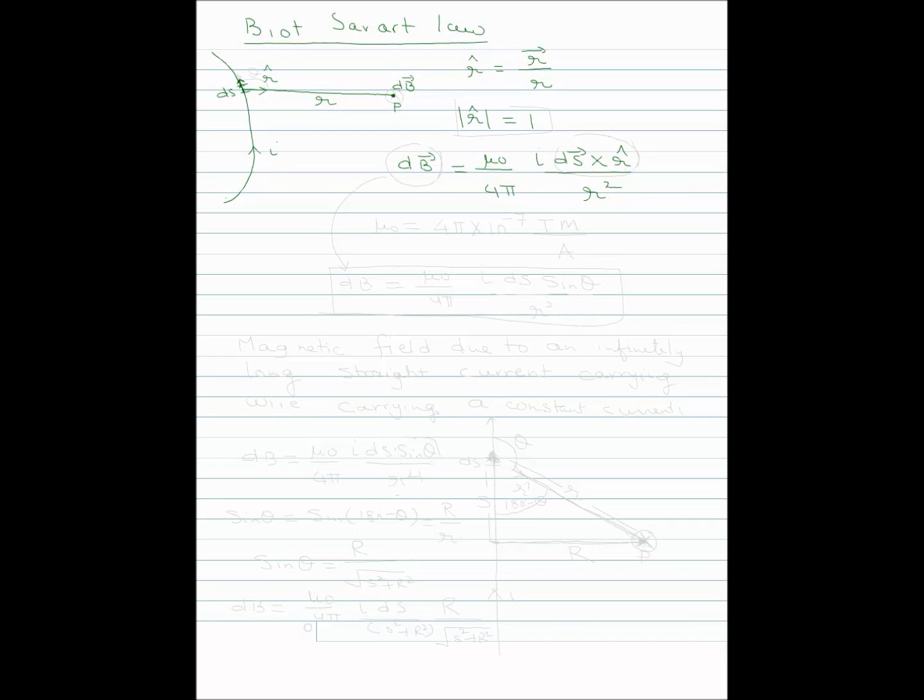Note that over here mu 0 is a constant, the permeability constant, and its value is 4 pi times 10 to the power minus 7 Tesla meter per ampere.